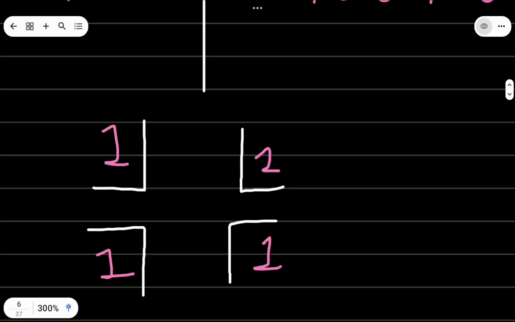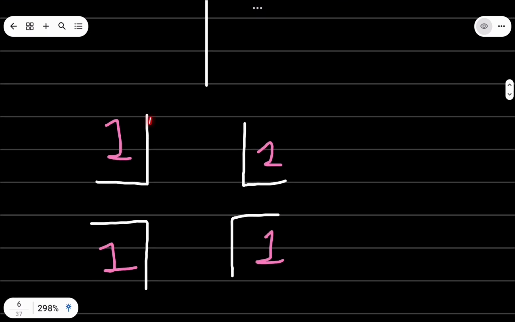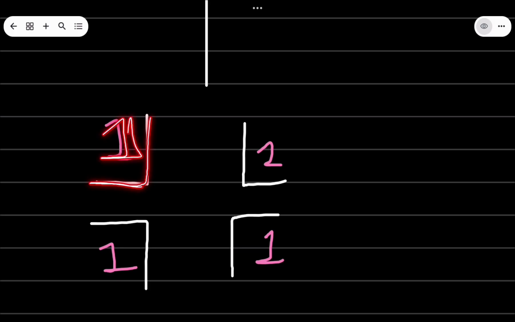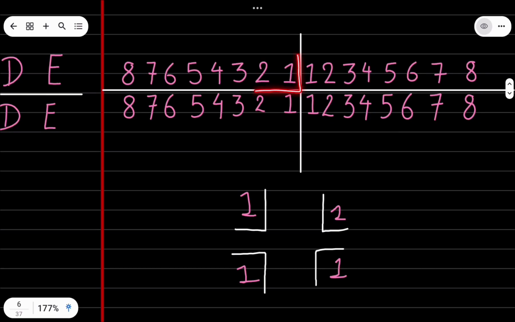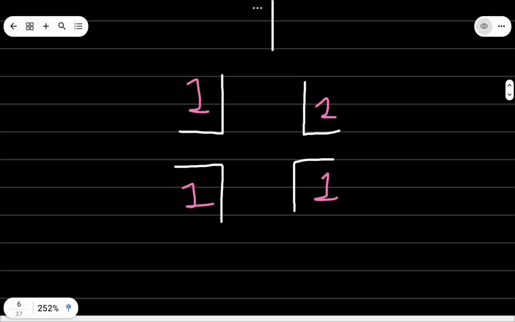If we are referring to the central incisors, and this is the symbol and this is one of the central incisors, this will be the maxillary right central incisor. This will be the maxillary left central incisor. Similarly this will be the mandibular left central incisor, and this will be the mandibular right central incisor.